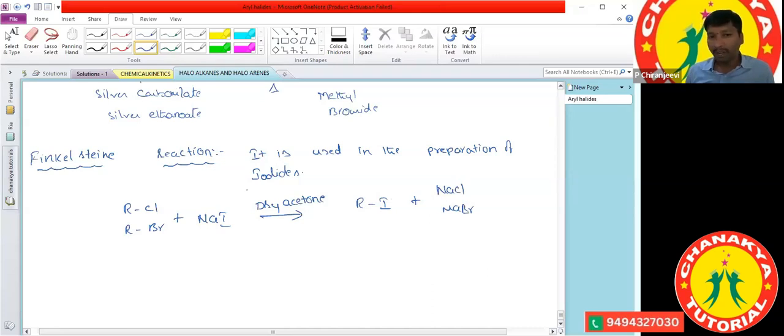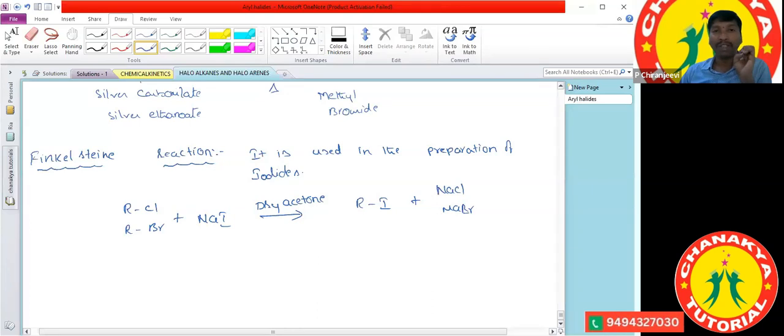You may get the doubt, sir, why we can't prepare chlorides and bromides by this method. Whenever sodium chloride is in dry acetone, it gives a solid substance and is not forming as a product. Because of the NaCl, the temperature decreases and it forms a solid.